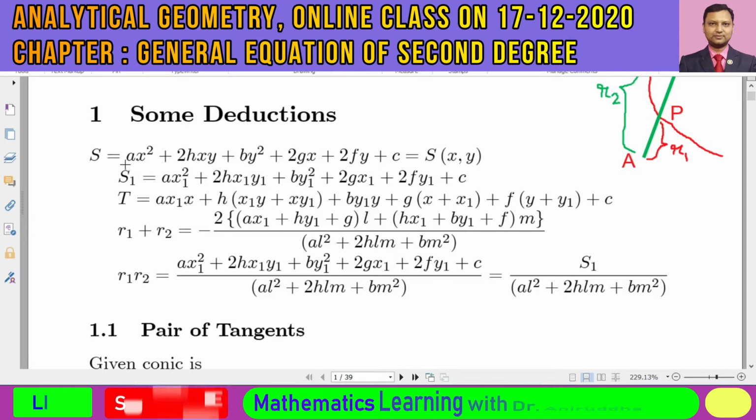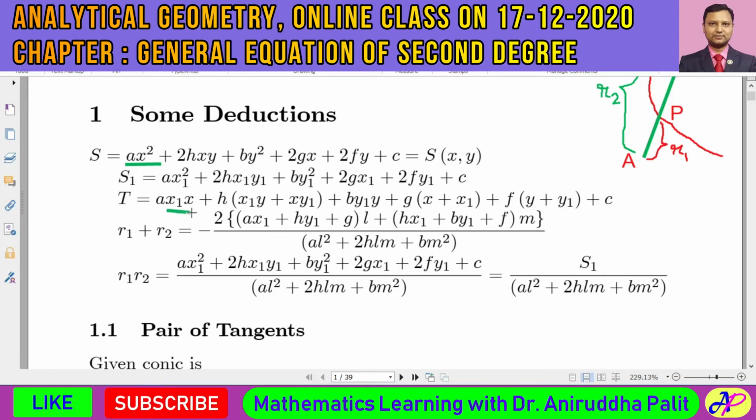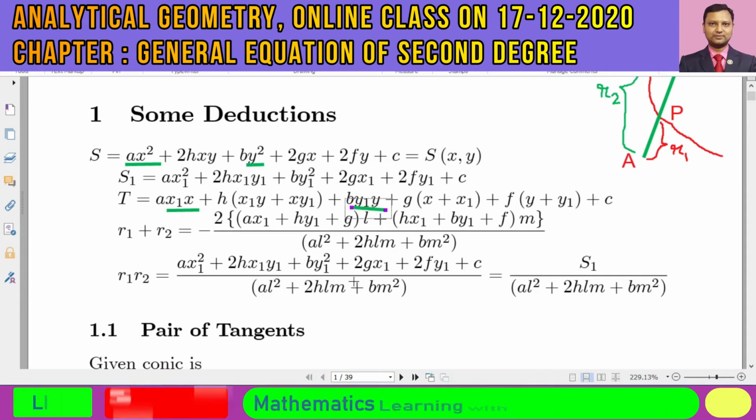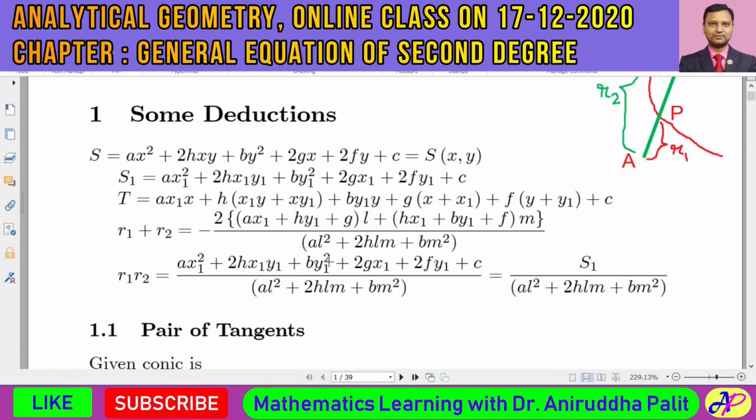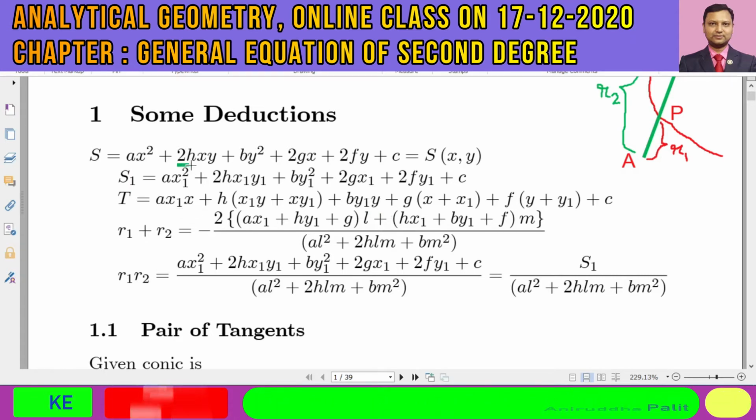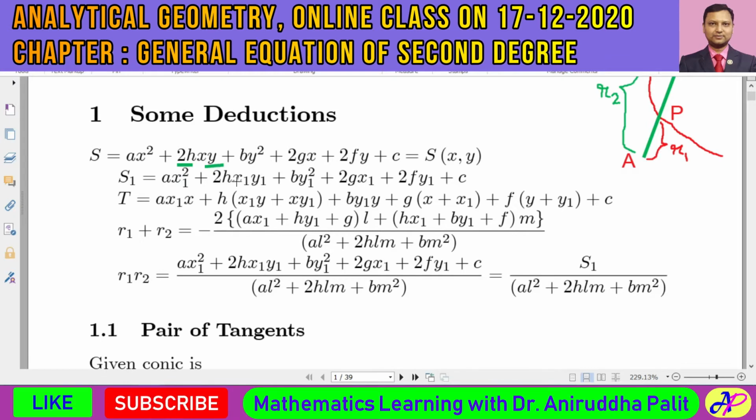You see, x square will be replaced by x into x1. y square will be replaced by y into y1. Next, 2 times xy will be replaced by x1y plus xy1.